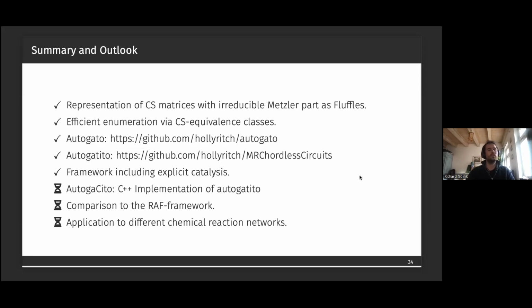So how these two really different definitions go together. And we're still also working to apply our framework to different kinds of chemical reaction networks. We're working currently together with some people who are having carbon fixation networks, and we also want to apply our tools there.